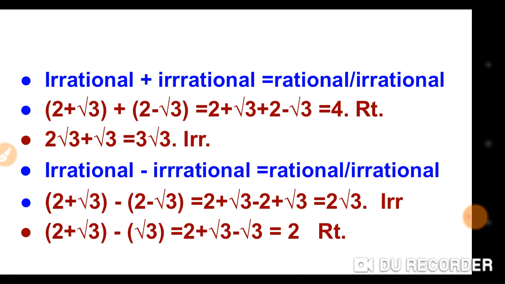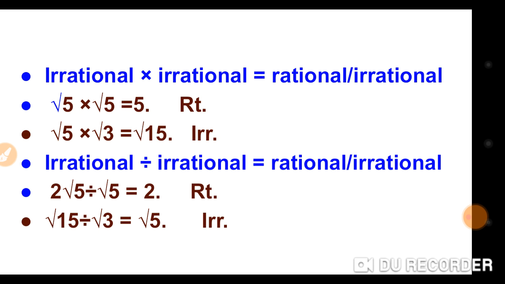And subtraction also, when we subtract irrational minus irrational, we also get sometimes rational, sometimes irrational. Here in the example you can see. And when we multiply two irrational numbers, also we get sometimes rational and sometimes irrational. The result may be rational or irrational.